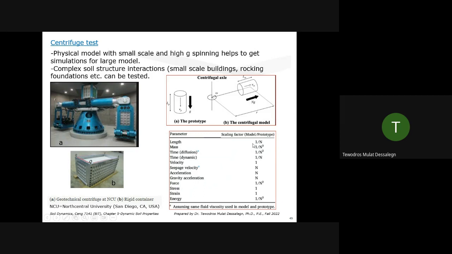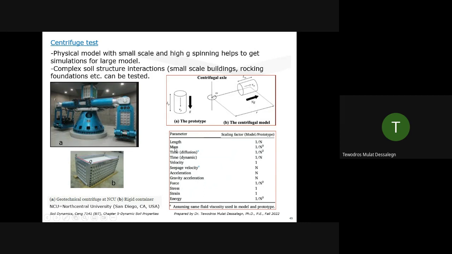If the model is at N times G, then the prototype can be N times larger, 1 over N scale. So if you have a 1 meter model and N is 20, then you're representing 20 times the model. A dam 20 meter high, you can model with 1 meter in the centrifuge. So N is like a conversion factor.